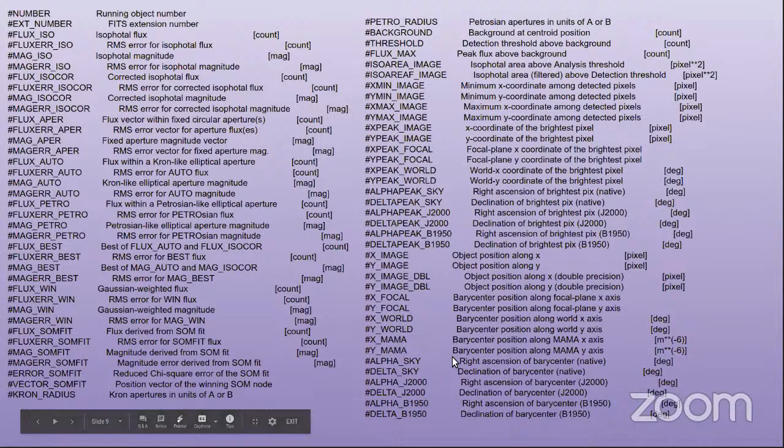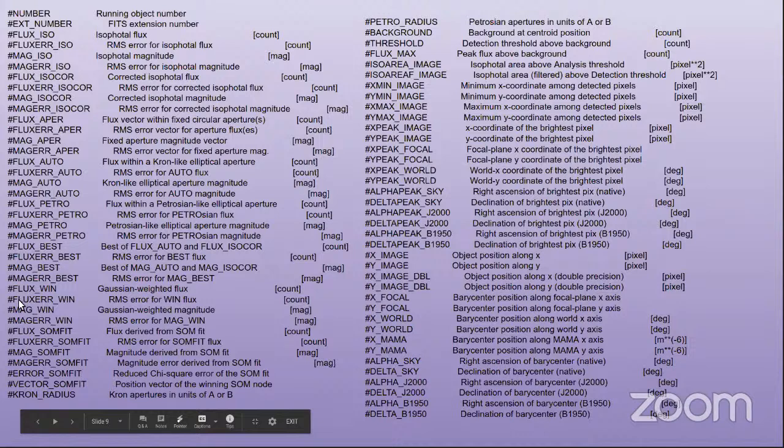So these are the values which I have got, and also the magnitude values. We need the magnitude at the effective radius.